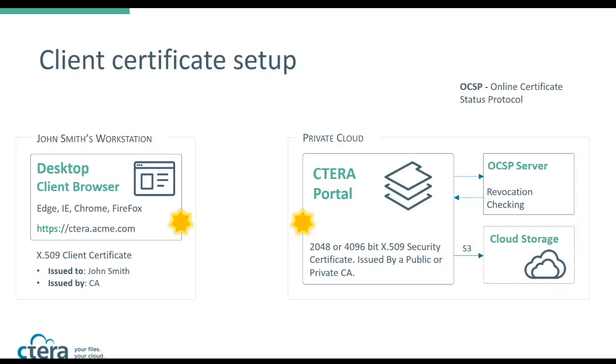And CTERA portal is loaded with a server security certificate. This certificate will allow clients to ensure the CTERA portal's identity, and that certificate can also be signed by a public or a private certification authority, a CA basically. A public certification authority is companies like VeriSign, GoDaddy, and so forth.